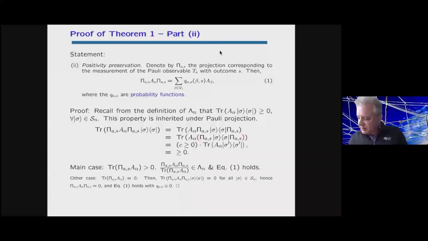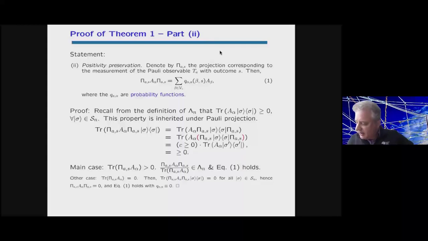If, say, we have an extremal vertex, and now we sandwich it with projectors corresponding to a Pauli measurement, that this is a probability distribution over extremal vertices. And so in other words, this is contained in the state space. Good.